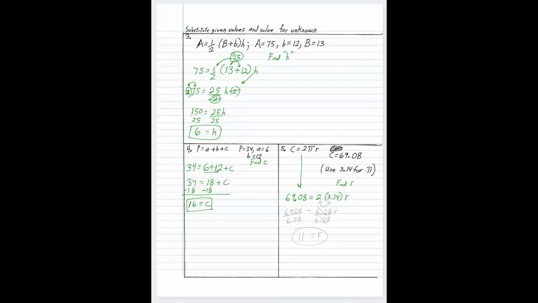First, let's have 2 multiplied by 3.14, which I know is 6.28. And then the last step to get r alone is divide both sides by 6.28. And when we do, we get 11.